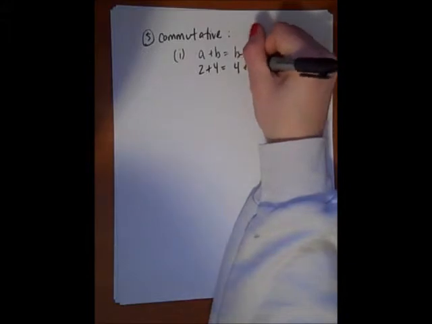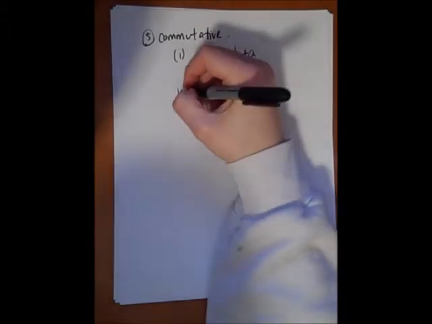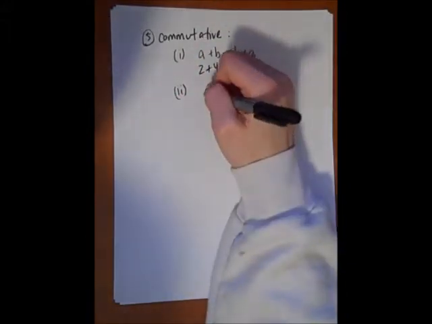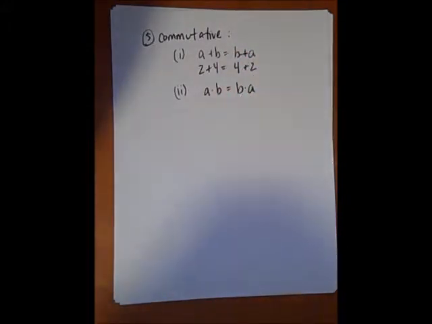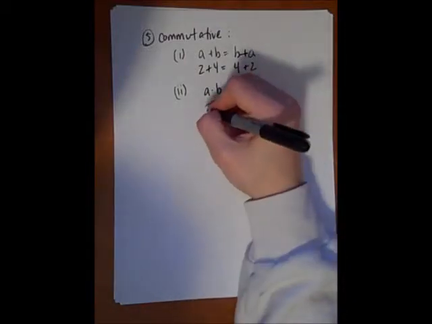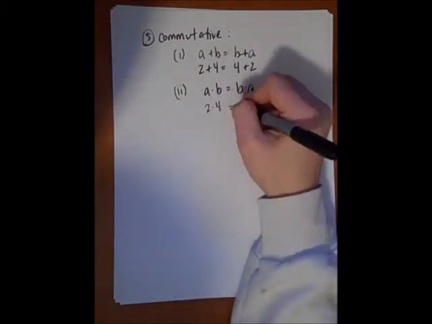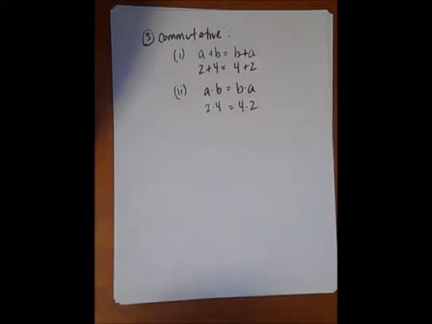That's the same as 4 plus 2. Multiplication: A times B is the same as B times A. So it doesn't matter the order in which you multiply. 2 times 4, that's 8. That's the same as 4 times 2. So commutativity means that I could move them around.